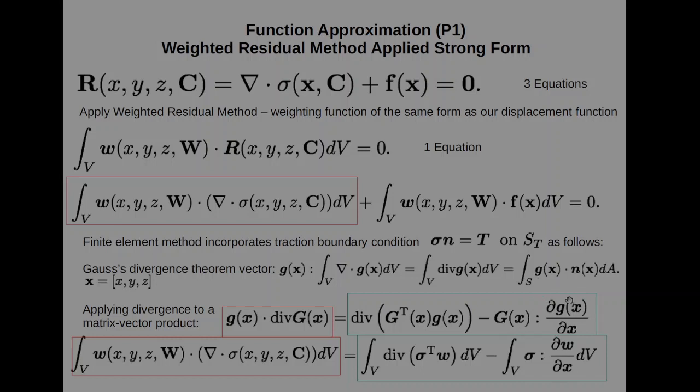This is where this double contraction comes from, because this is essentially just the gradient of G with respect to X. This is a matrix, and now this double contraction is the double contraction between two matrices, to get a scalar out.